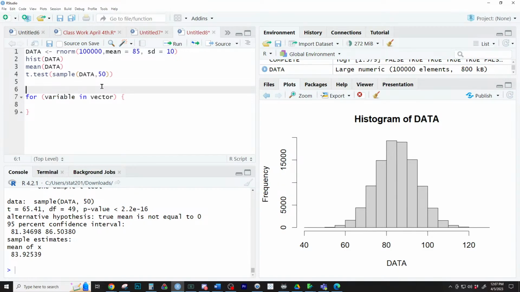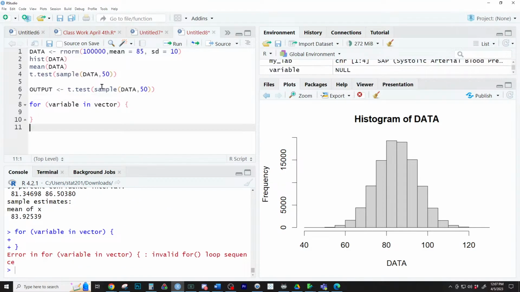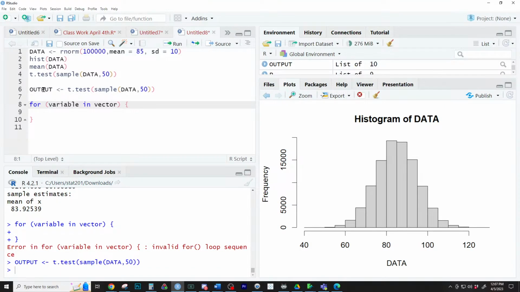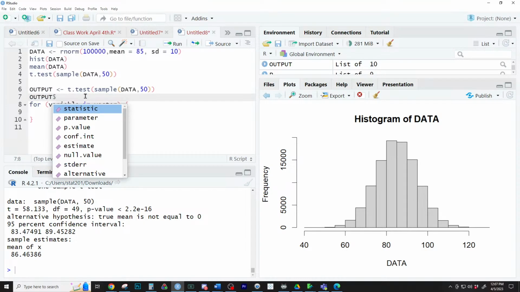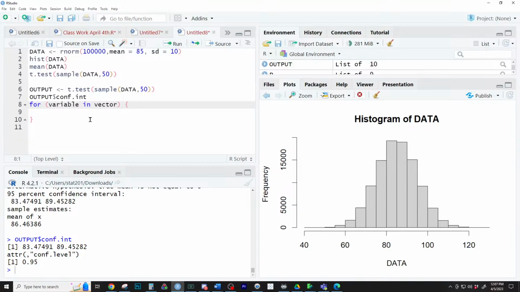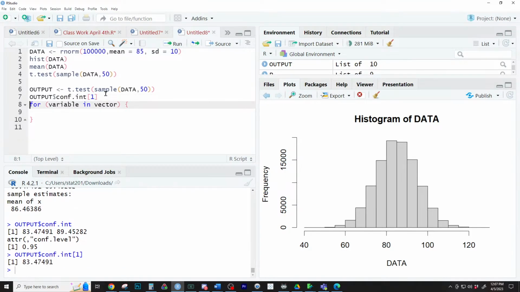So let me go here and store this as output. And this is something we might do in an upper level class or have the understanding of how to do. This is a list, right? And confidence interval. And now we want to go to the lower. And we want to check, is 85 contained between?